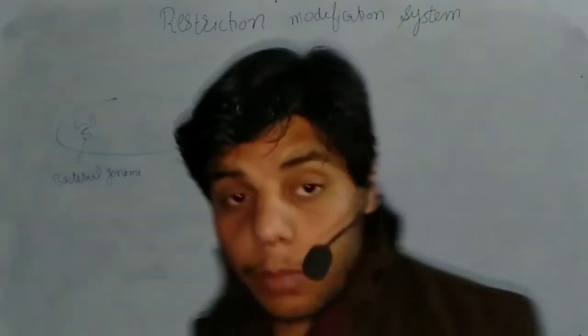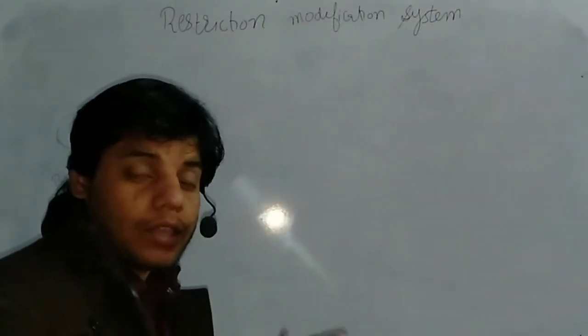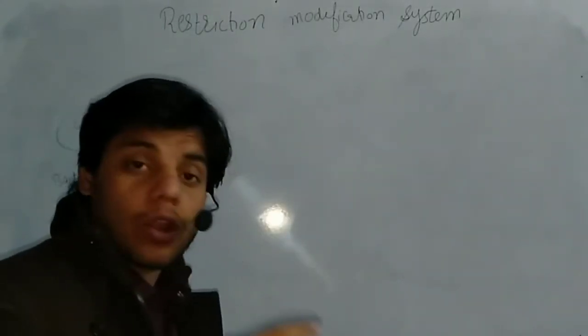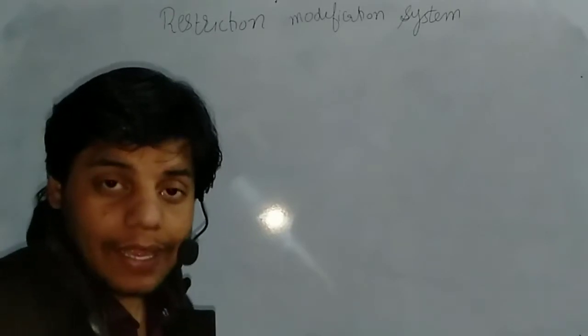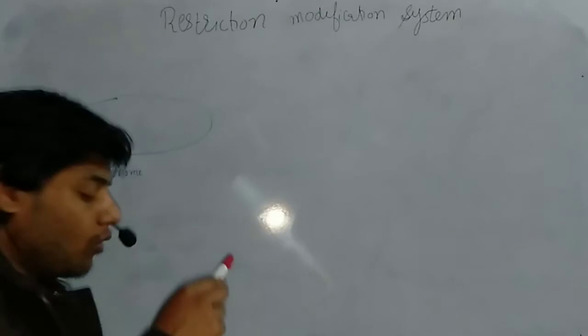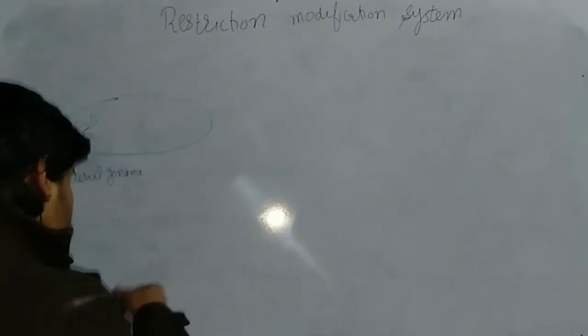The bacterial cells grow and multiply. Now sometimes there will be an invader that attacks the bacterial cell, and that invader is called a phage, or bacteriophage, which is specific to bacteria. So let me draw.